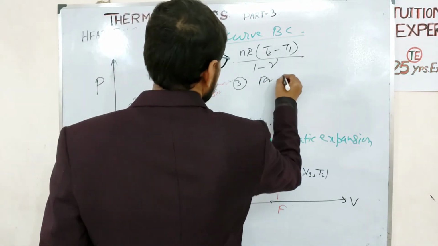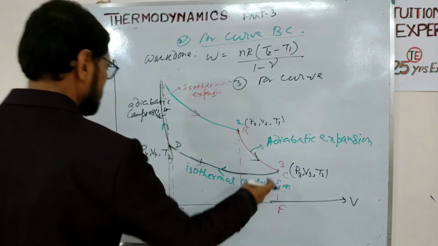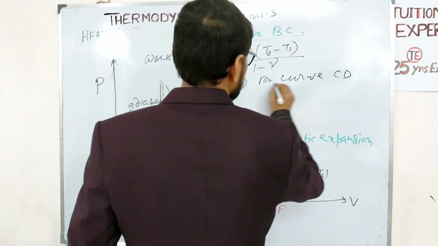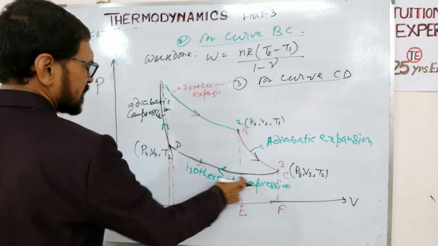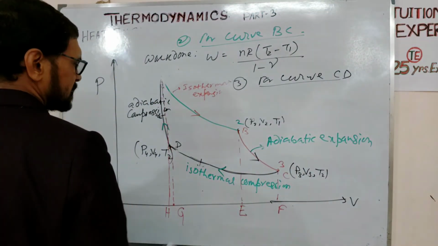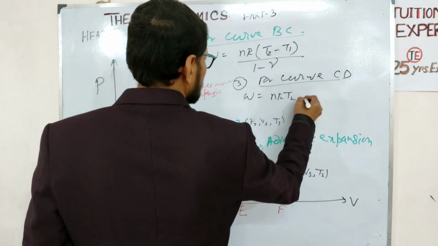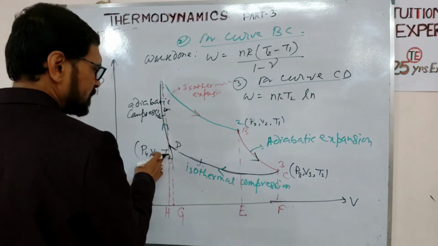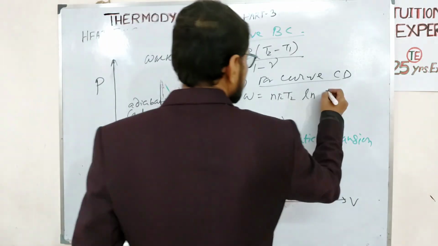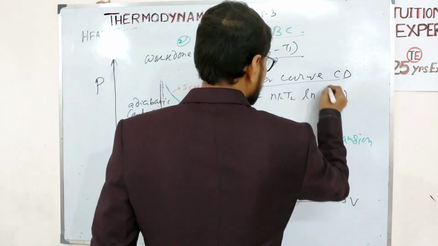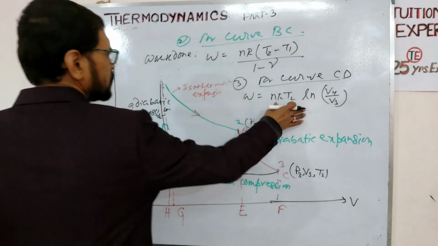For curve C to D, this is isothermal compression. The work done equals nRT2 ln V4 by V3, final by initial volume. As V4 is less than V3, this would be negative.